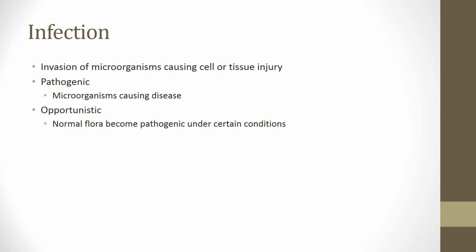Pathogenic is a type of infection where the microorganisms have the potential to cause pathology or pathogenesis. On the other hand, opportunistic is when normal flora becomes pathogenic under certain conditions.